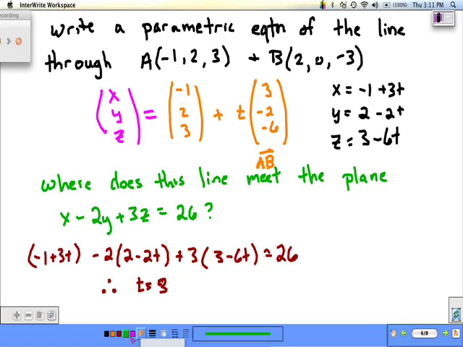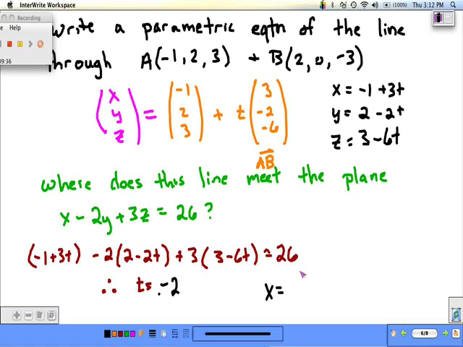Now I can take that t value and plug it back into my parameters and get x equals negative 1 plus 3 times 3. I made a mistake. T does not equal 3. I was looking at the wrong part of my notes. T is equal to negative 2 for this problem.